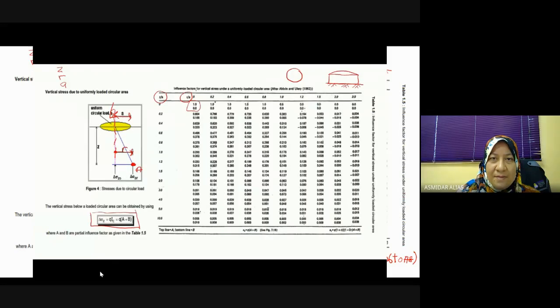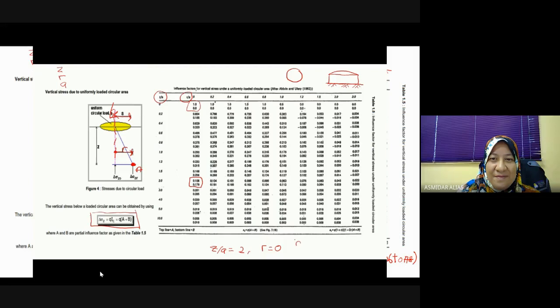So let's go back to the table. You have Z over A 2, and then R is equal to 0. I don't have to teach you this, right? This is easy because you can get the value directly.